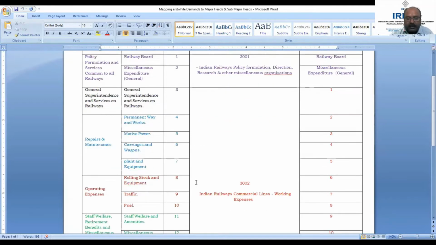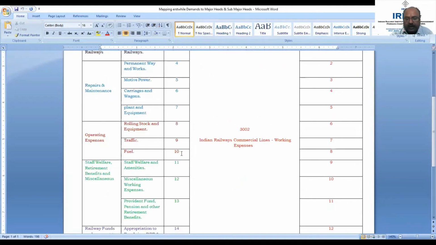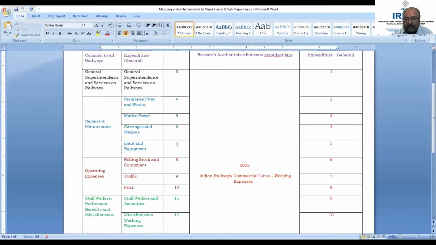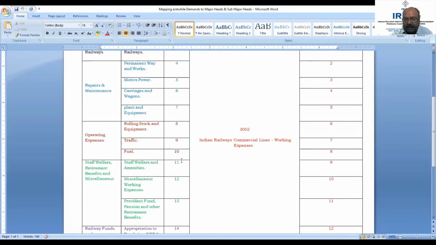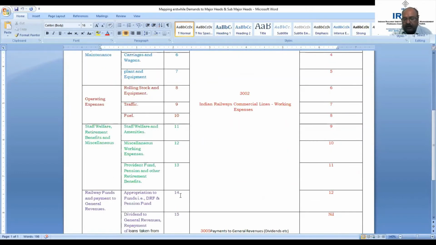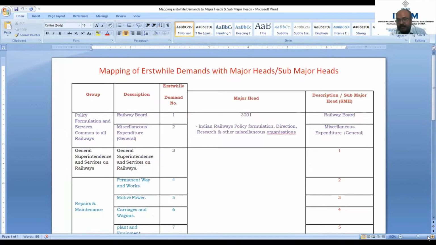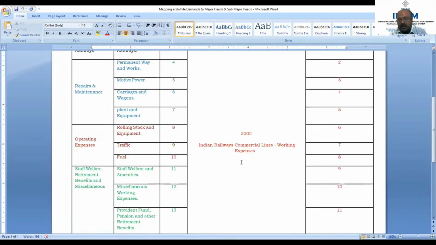Next group, that is 3 to 14. Demand numbers 3, 4, 5, 6, 7, 8, 9, 10, 11, 12, 13 and 14. These 12 demands come under major head 3002, Indian Railways commercial lines working expenses.